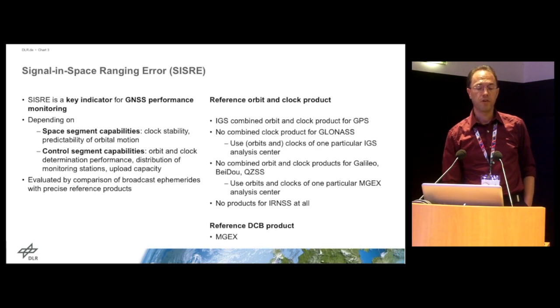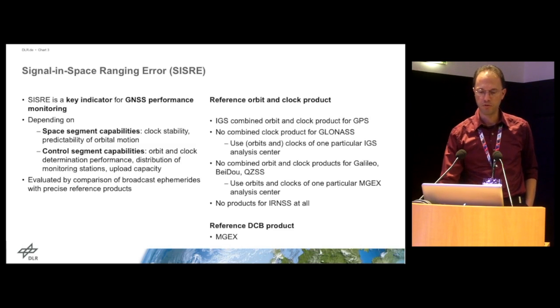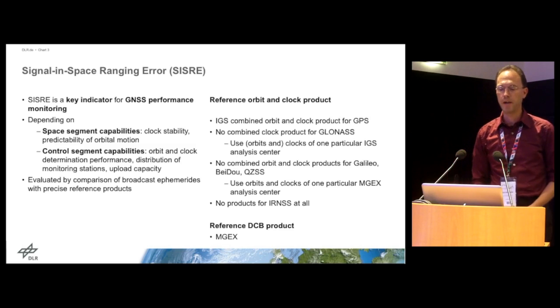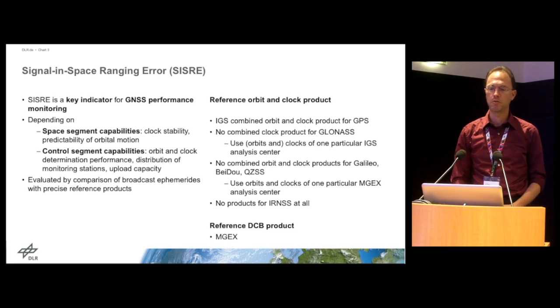The SISRE is evaluated by comparisons of the broadcast ephemerides with some reference product, and Urs already told you something about this. So for GPS at the moment it's quite easy, one can use the combined IGS orbit and clock product. For GLONASS only a combined orbit product is available, no combined clock product, so therefore we decided to just use the product of one of the IGS analysis centers.